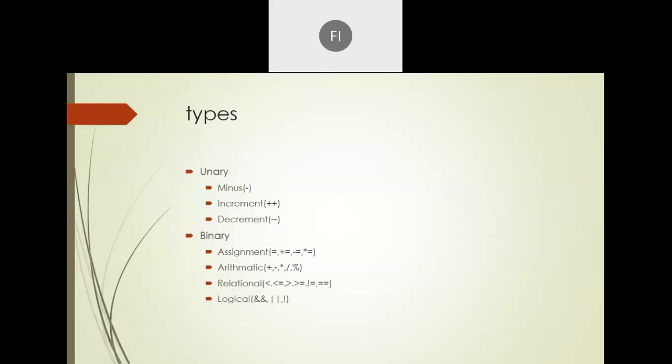And finally, logical operators. These operators help you join two or more conditions. For example, you want to check both conditions at a time, condition 1 and condition 2. If both are satisfied, then only you want to run the code. In that case, you can go for logical operators. And if you want either of the conditions, yes or no, then we can go for the or condition.